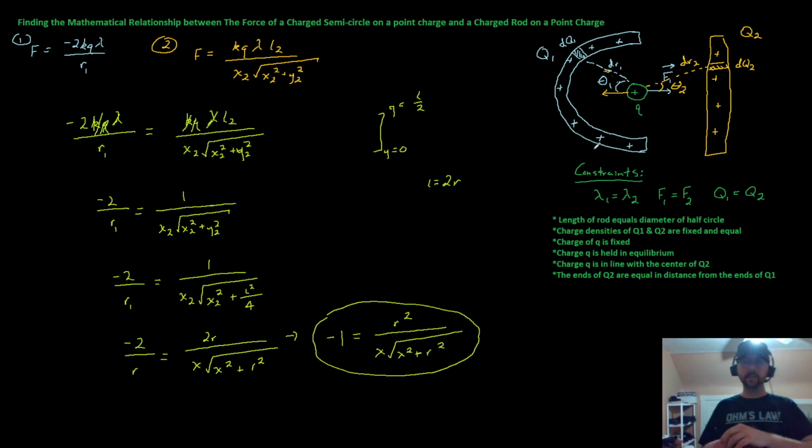Now what I want to do is just real quickly graph that, but for r I'm going to use y. So I'm going to say y squared over x times the square root of x squared plus y squared equals -1, and see what we get. And I'm going to use Desmos because I really like their free online graphing calculator.